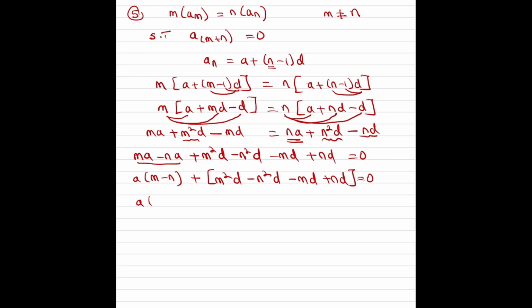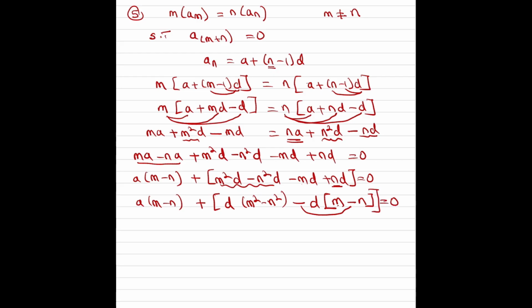Now a(m minus n) plus, in this, d as common: (m square minus n square). Here d is common: md minus md, minus, because minus into minus is plus, n, equal to 0.